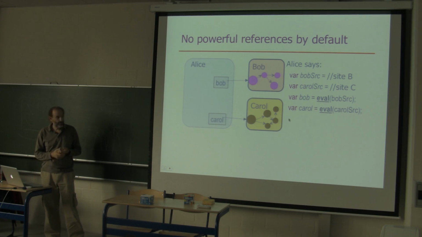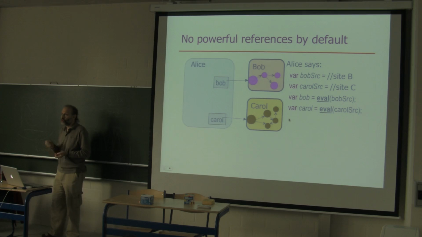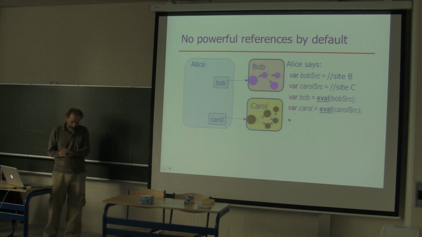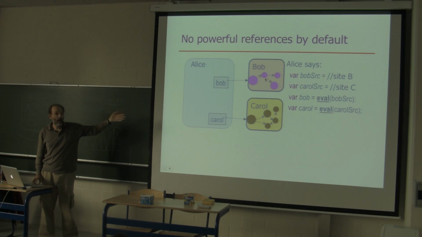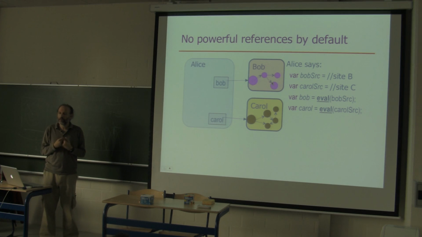Okay, so let's explore the implications of securing eval in this manner. If Alice brings in Bob, which is some third-party content from some site she doesn't trust, site B, she brings in the source code of Bob, and she brings in the source code of Carol from some other site, and she evaluates them with her safe evaluator, then Bob evaluates into some subgraph of objects that only Bob's author knows.